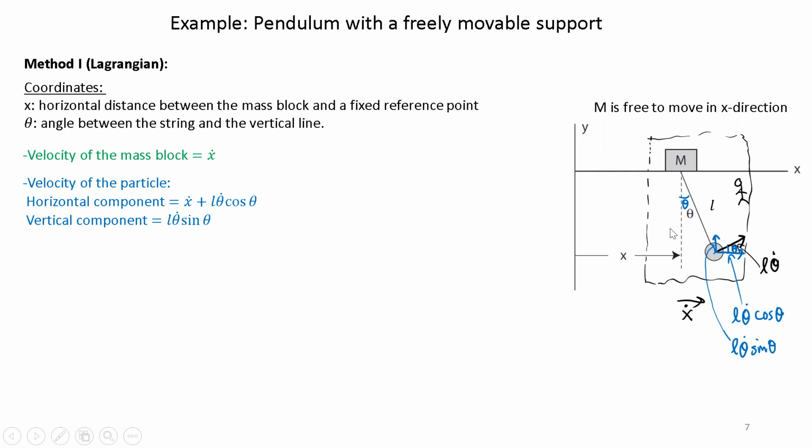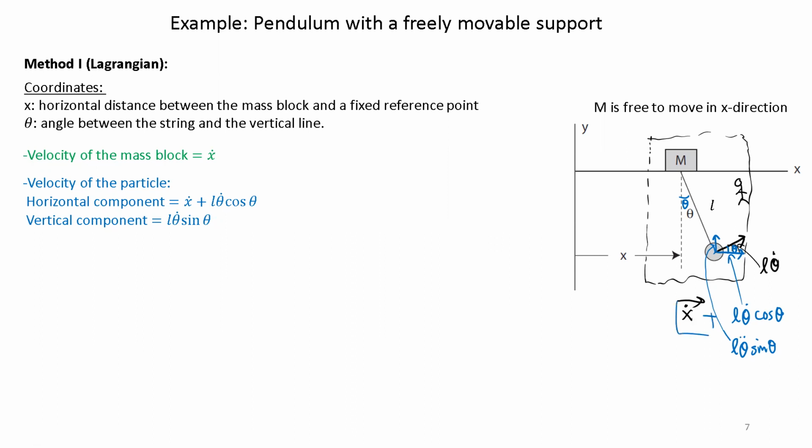Now you just need to step outside and go back to the rest coordinate system. The total horizontal component of this particle is this term plus x dot.